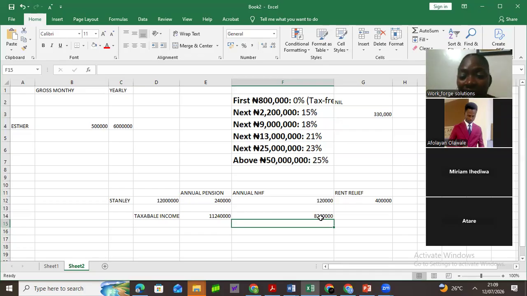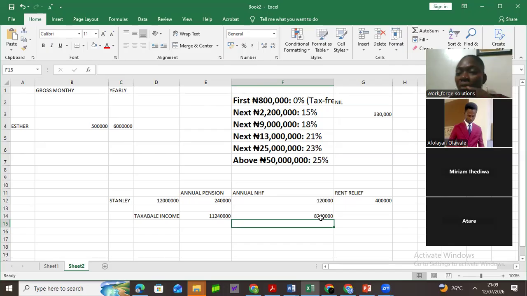Because ours is 50 million, does not mean I will just come to 25% and calculate 25%. So if you watch, at the end of the day, the percentage of tax we will pay is not up to 25%. Because we first of all remove 15% of 2.2, remove 18% of 9 million. When we used the tax calculator, you saw they did 13 point something percent, right?